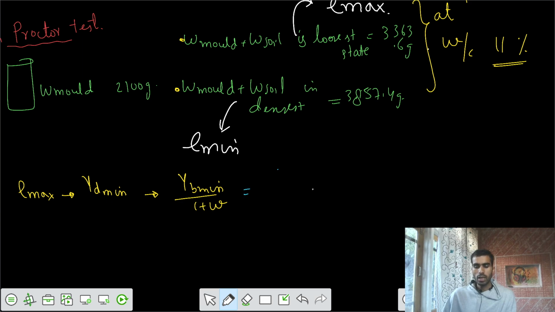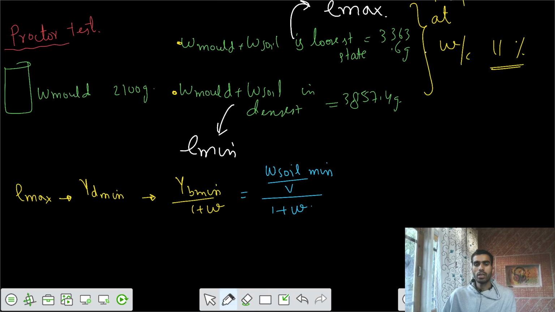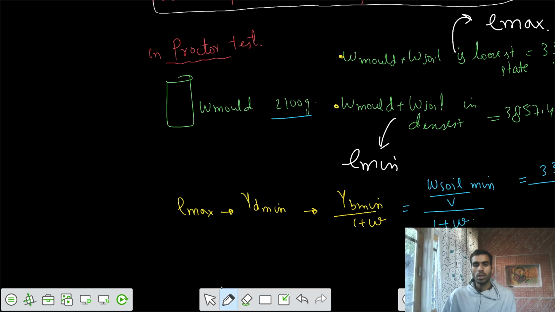Gamma bulk minimum is the minimum weight of the soil divided by the volume of the soil. The minimum weight of soil is the difference of 3363.6 grams minus the weight of the mold, 2100 grams, divided by the volume of the soil. What is the volume of the soil? For that we need to know the volume of the mold. What is the volume of the mold?